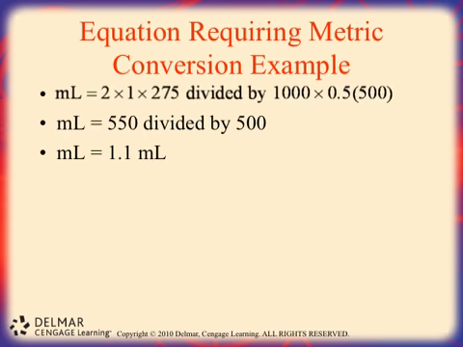And then this last slide just shows the actual math, and you end up with an answer of 1.1 milliliters. Do the work in your book. That's dimensional analysis, pretty simple. And you've got lots of practice problems in your book, and I hope this helps you so you can go back and look at it again if it's a little confusing to you.